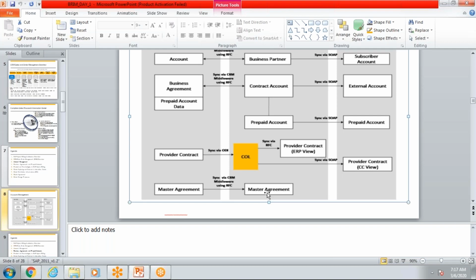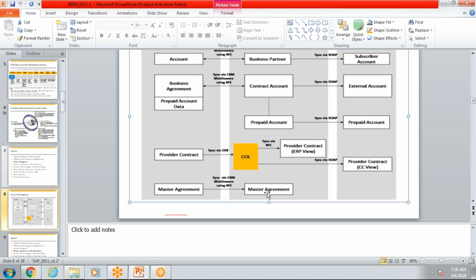If they are agreeing upon certain percentage of discounts or any special terms and conditions, because if I'm the only customer, they don't need to have the master agreement because the business which happens to them from me will be very less.